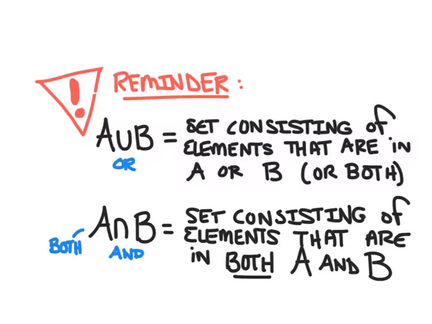Now, an intersection, A intersect B, is the set consisting of elements that are in both A and B. So this is more restrictive. And the way you read it is that the elements have to be in both A and B. Okay, so from here on out, I want you to think of the union as "or" and the intersection as "and". And I'm going to explain what this means as we move forward with examples.